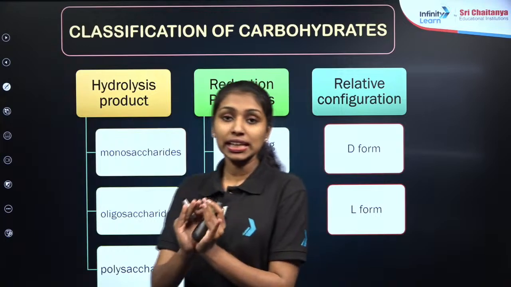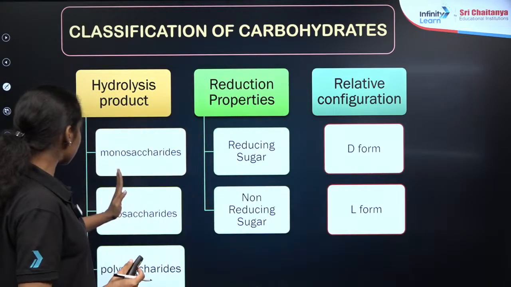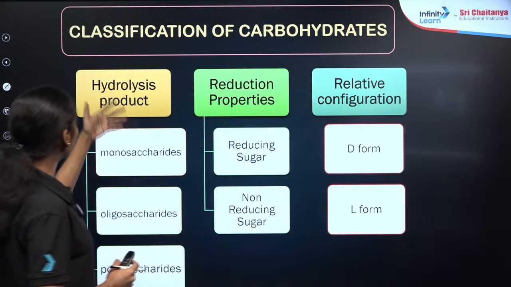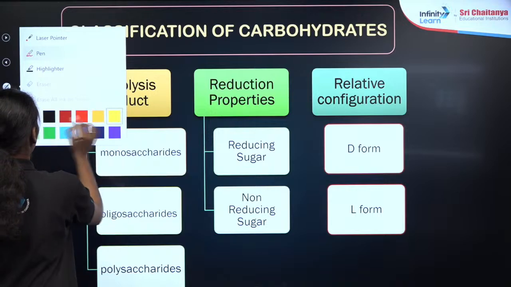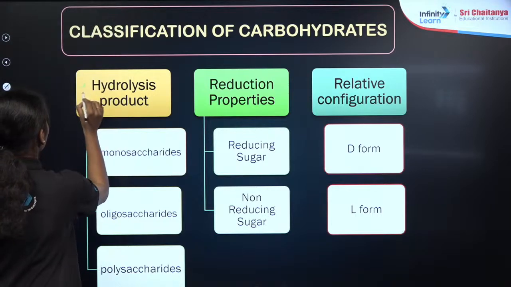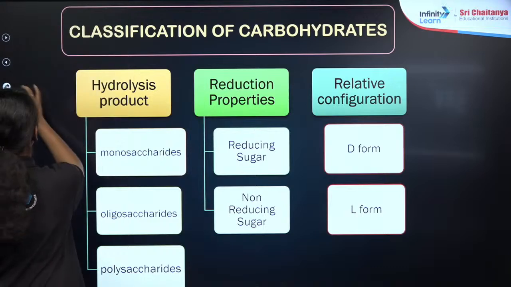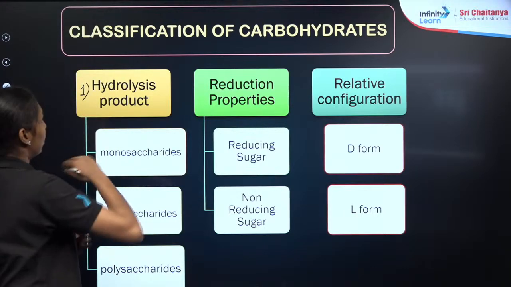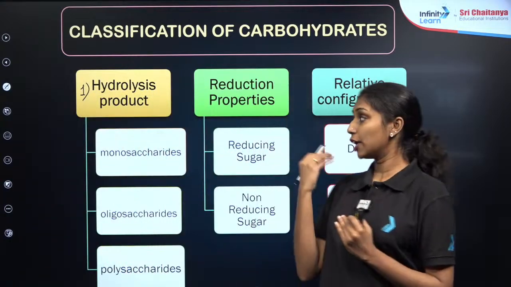Now we will be moving to the classification of carbohydrates, right? Based on different criteria or parameters, we can divide the carbohydrates into different classifications. This is the first classification, based on the number of hydrolysis products.